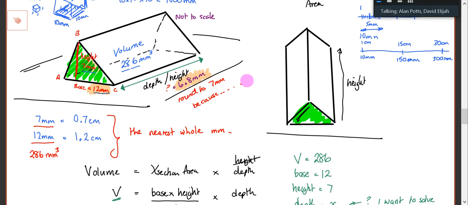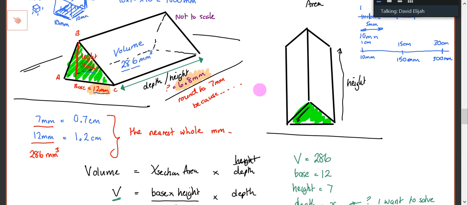I've just spent a lot of time talking about rounding numbers, and we've just said they've given all their numbers to the nearest whole millimeter. If I've got 6.8 millimeters, I could choose to round it to 7. What would be the reason I could give in an assessment?